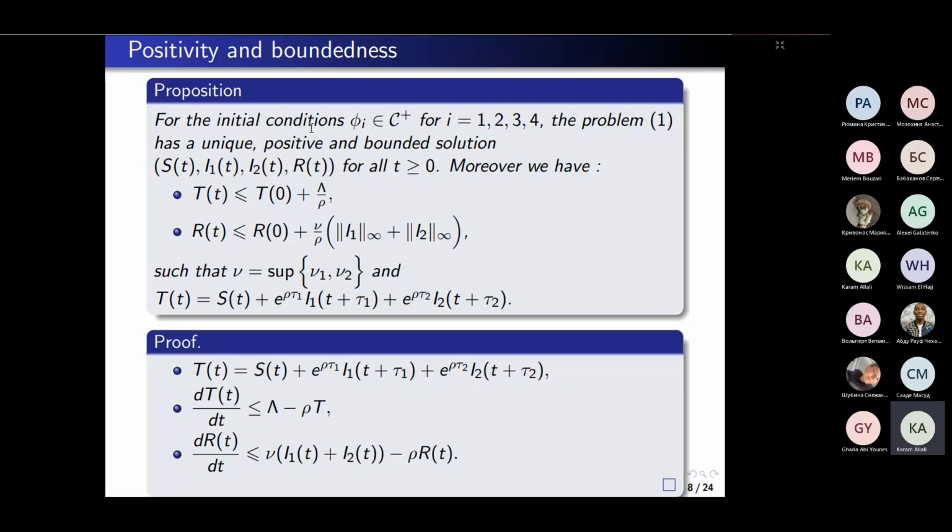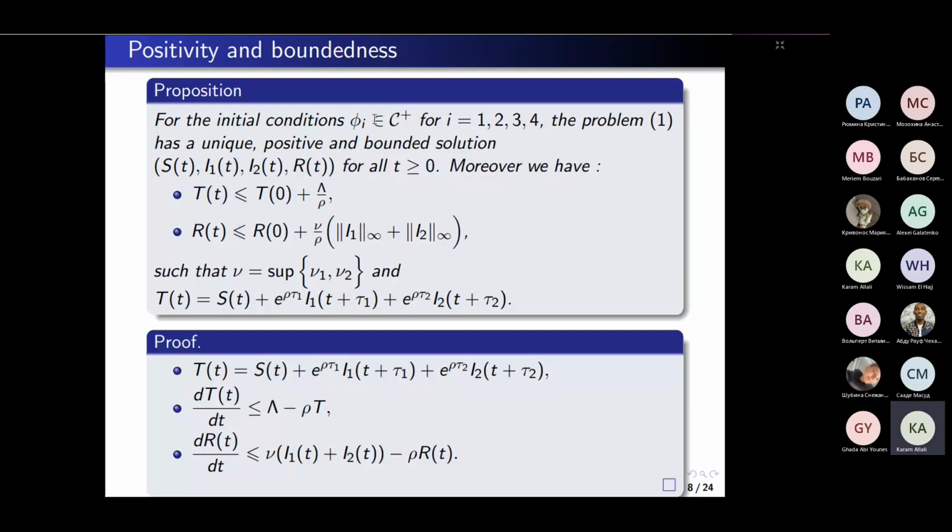For the initial conditions, phi i belongs to C plus. C plus is the set of continuous functions from minus tau to 0 onto R plus.